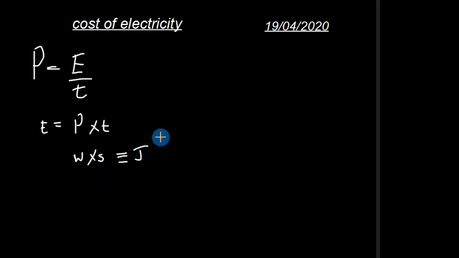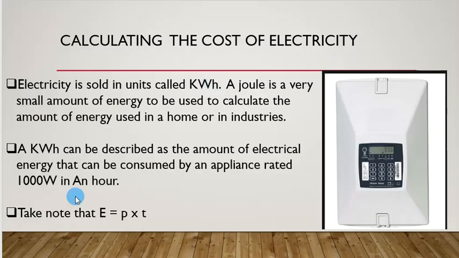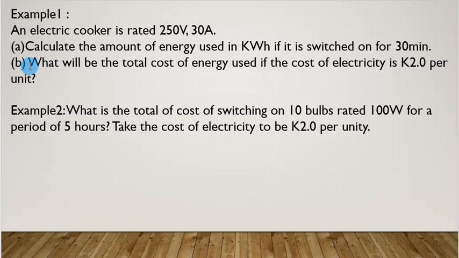So we will divide the power in watts by 1000 to convert it to kilowatts, and this time it should be in hours and not in seconds or any other unit of time. From having that idea, we can go into looking at examples.